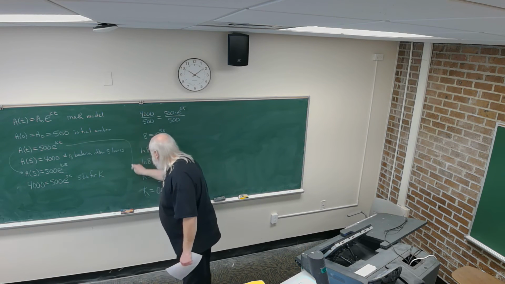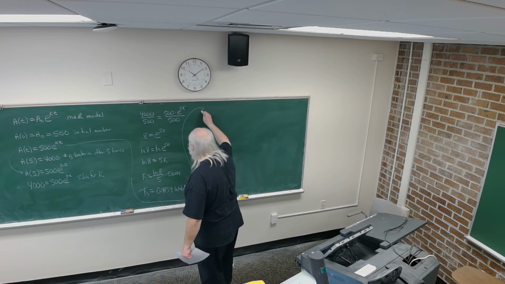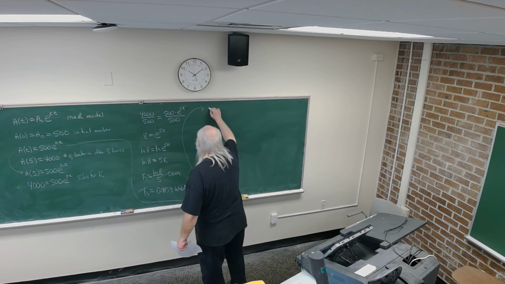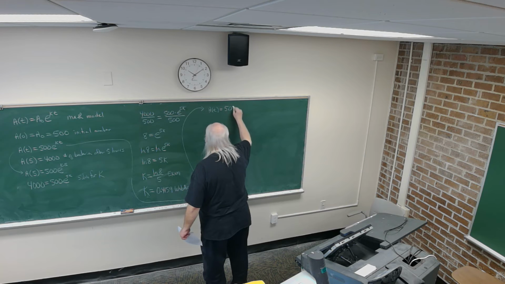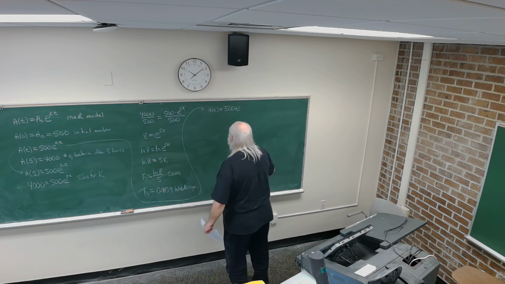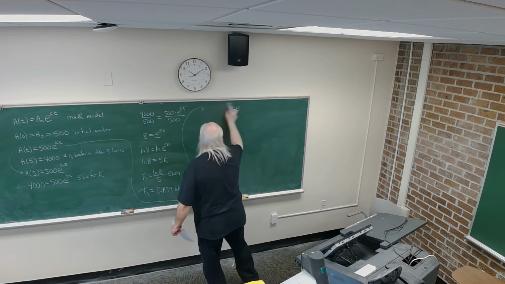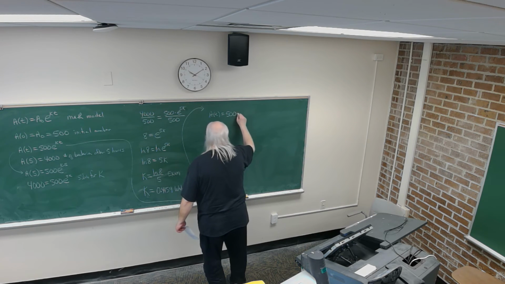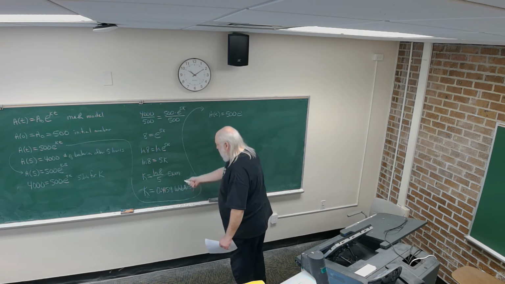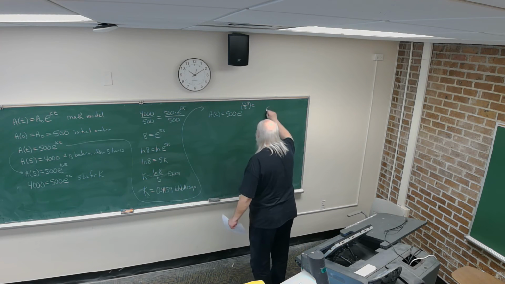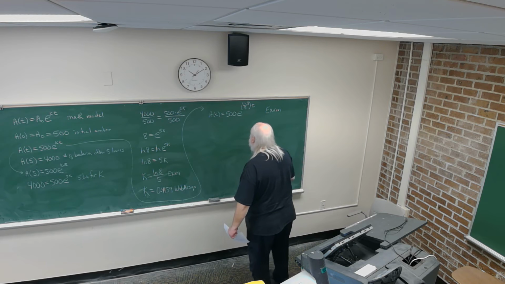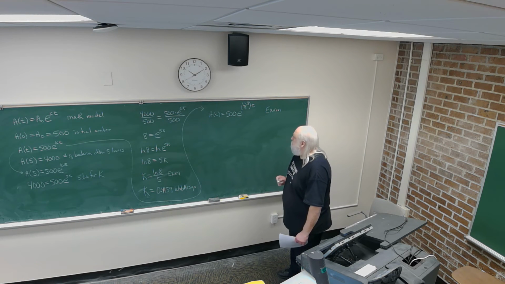So now we substitute in for K in our model, and we have A of T is equal to 500 times E. Now K in this case, right on the exam, K is the natural log of 8 over 5, natural log of 8 over 5 times T. That's the model for part A, for the exam.